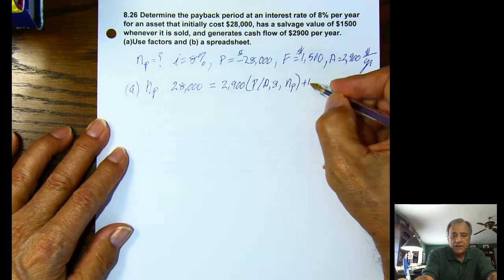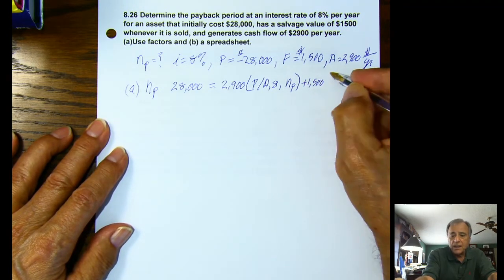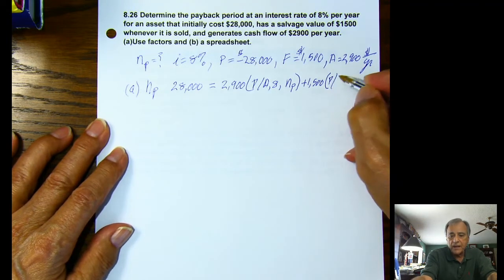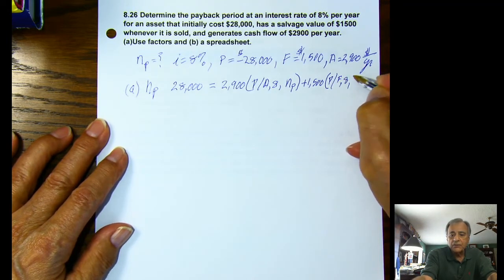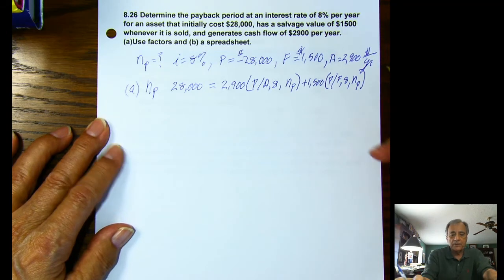So that's $1,500, and that's a one-time pay. So that's P given F at 8% for N sub P periods.